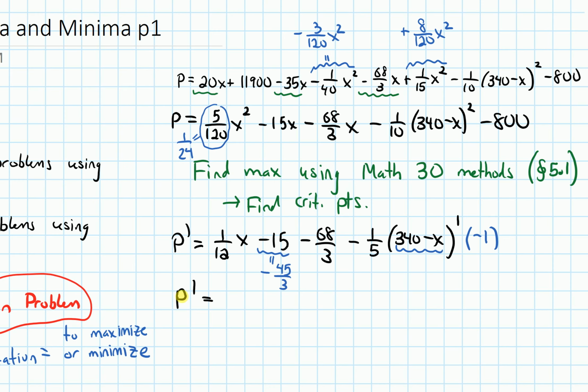All right, so p prime equals, we have 1 over 12 x, and then we have minus 45 over 3 minus 68 over 3. And when I distribute out the rest of this, we'll end up with plus 68 and then minus 1/5 x.